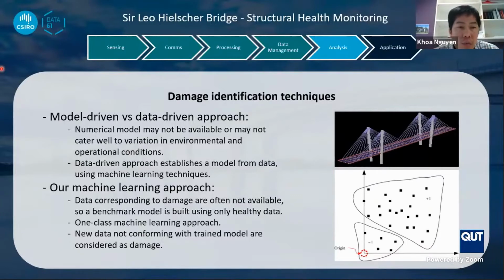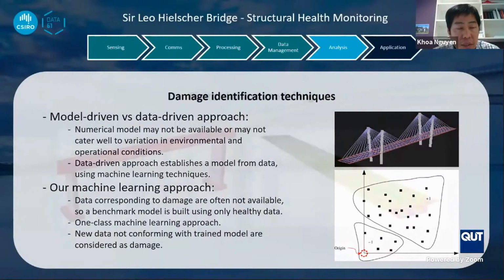So in our case, we focus more on the data-driven approach, which establishes a model from data using machine learning techniques. One of the issues in SHM is we normally do not have data associated with the damage condition of the structure. So we focus more on the one class approach, where we only use the data from the healthy structure to build a benchmark model. When new data comes in, it is compared against the model for damage detection.